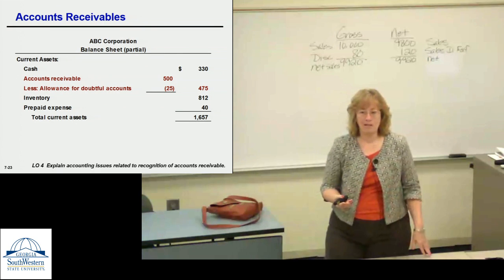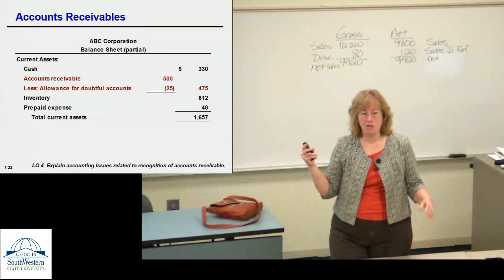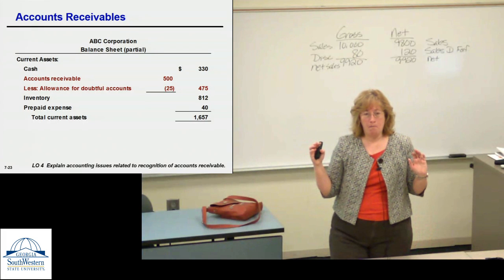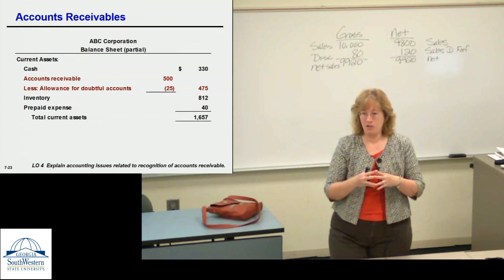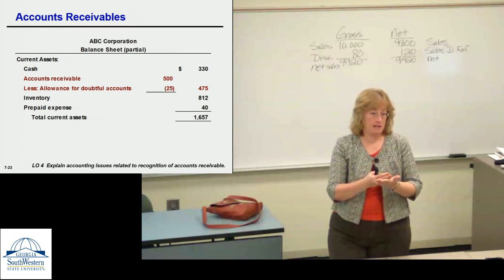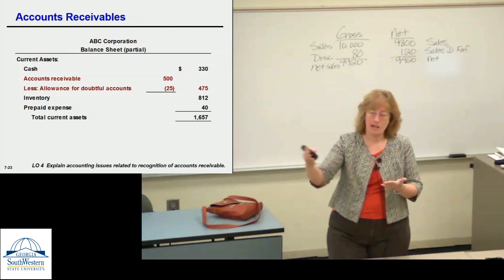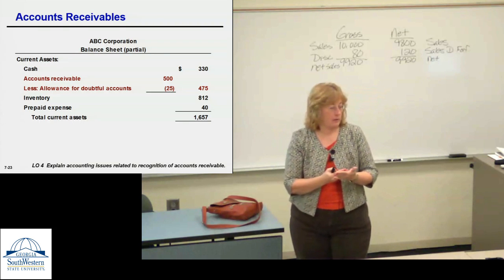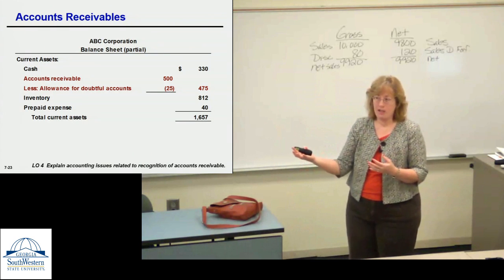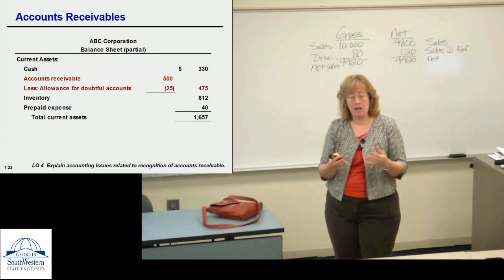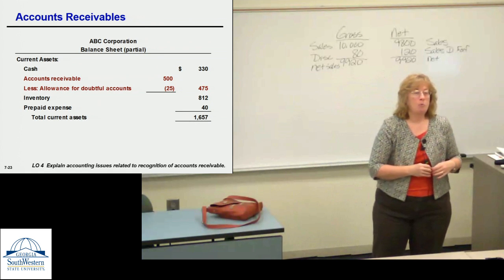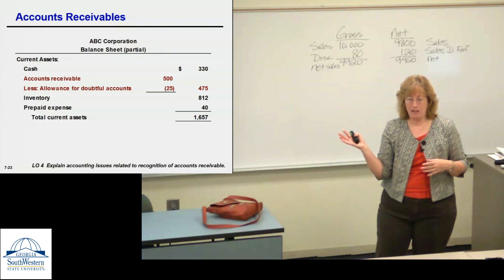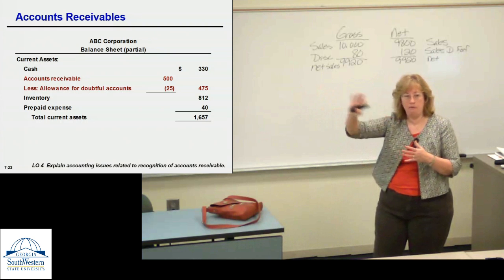Now, why do we do this estimation? Because we want to match our estimate of who's not going to pay, which is an expense. When these people don't pay us, it's kind of reducing our sales, right? So we want to match this kind of expense of who's not going to pay with the sales and put it in the same period. So we're not going to wait and see if they pay, because that would put that expense in a future period.